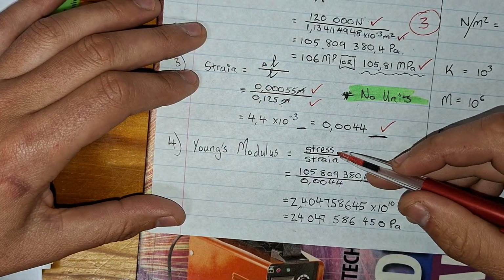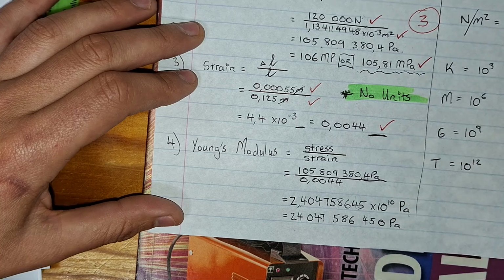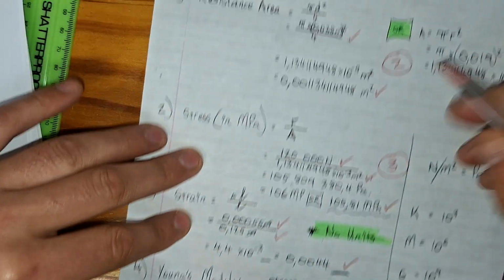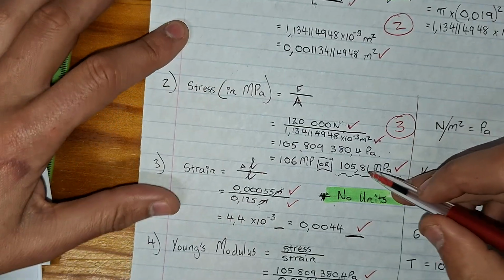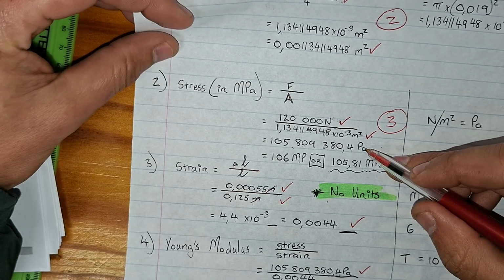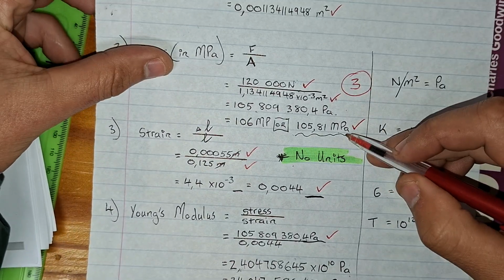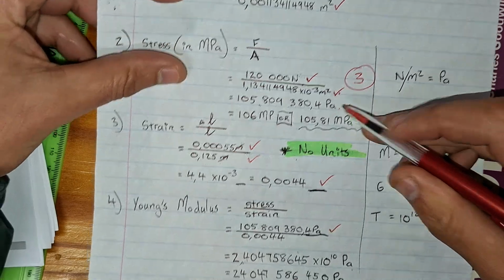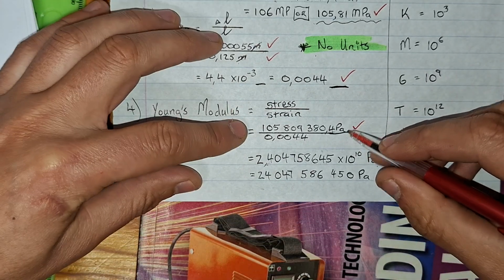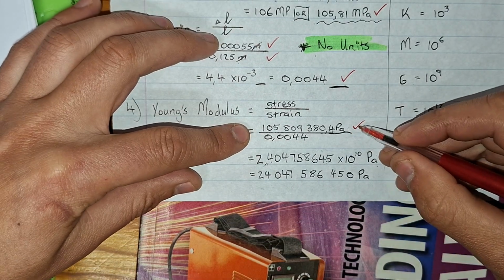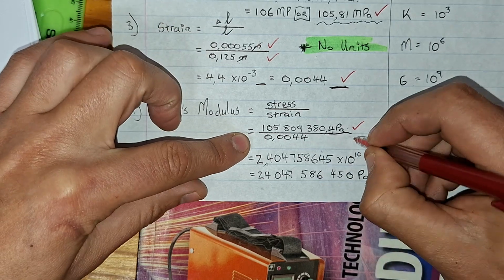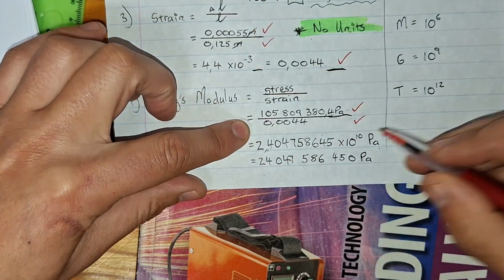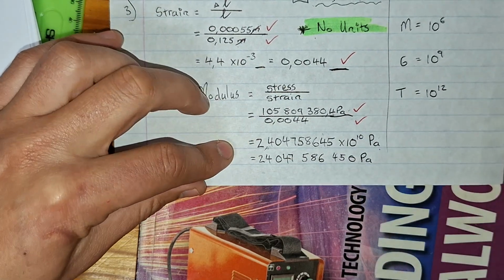Lastly, the question was that you calculate Young's modulus. So from the formula, Young's modulus is stress divided by strain. If you correctly substituted your value of stress, which is this one here, the original value of Pascal, remember, do not use the megapascal value, use the Pascal value. So over here, Pascal value correctly substituted, the strain value correctly substituted with no units, there would be 1 mark.